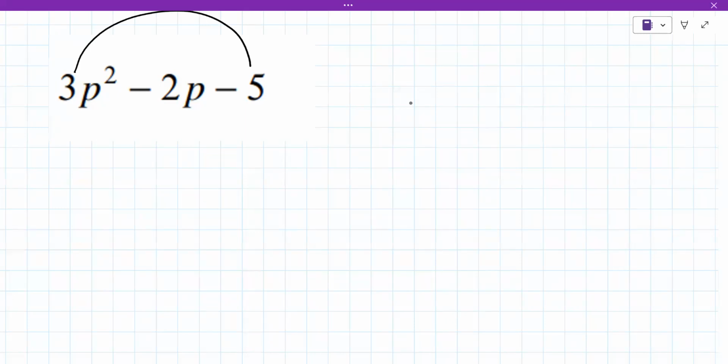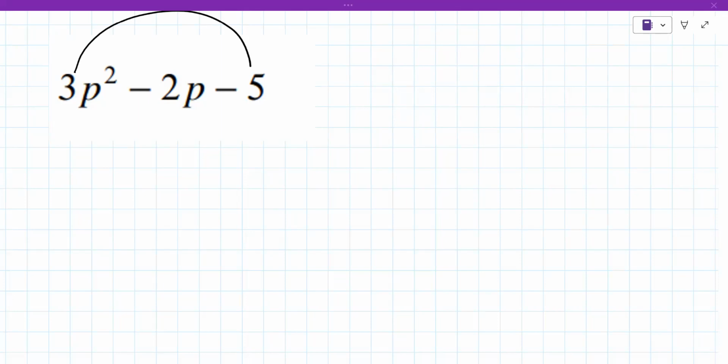That would be -5. And whoops. Parentheses p plus 0, and then second set of parentheses, 3p minus 5.